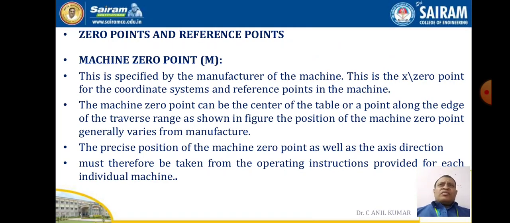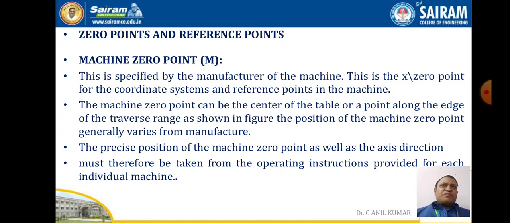Now before going into the program, there are 3-4 different parameters we have to know with respect to the reference point. The first thing we are learning is the machine 0 point M. This is specified by the manufacturer of the machine. This is the 0 point for the coordinate system and the reference point in the machine.